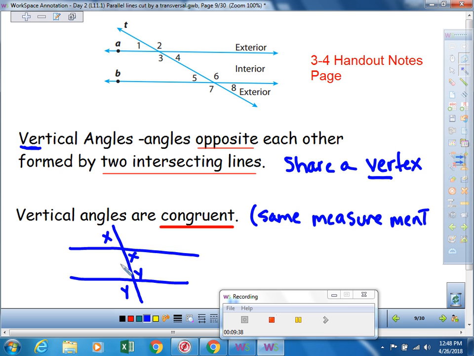So they share a vertex and they're opposite each other. You can also say one's in the interior and one's in the exterior, so just put interior, exterior. That helps you, okay? So vertical, shares a vertex, interior, exterior.